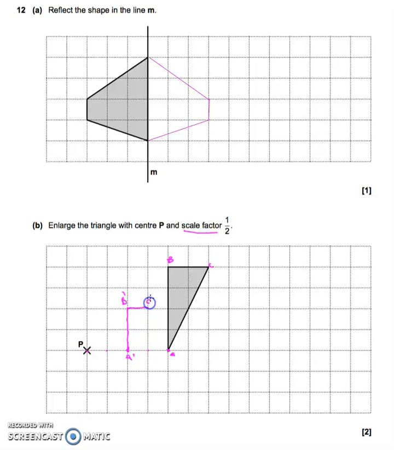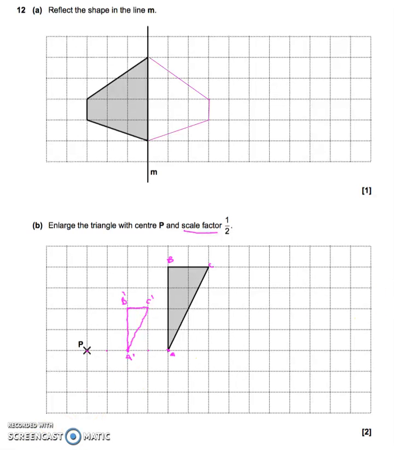So that'll get us to point C1, and then we could just join point C and point A together. Obviously do that with a ruler and a pencil, and that's the size it needs to be, and that's the position it needs to be, and that's what you're getting 2 marks for.